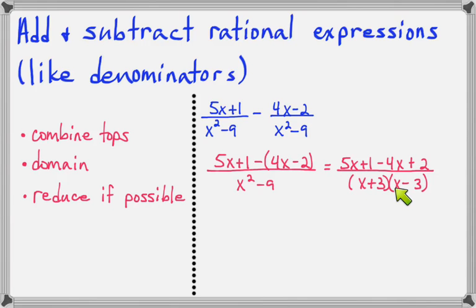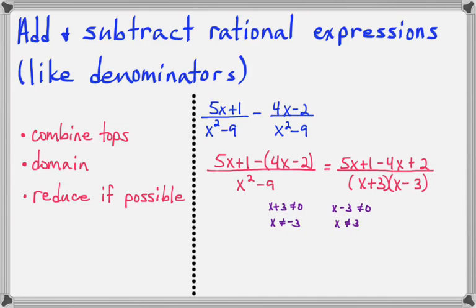Now since we've got the denominator factored, let's go ahead and pick out what would make the denominator equal 0. Since x plus 3 cannot equal 0, x cannot equal negative 3. And since x minus 3 cannot equal 0, x cannot equal 3. So these are the numbers we're going to leave out of the domain.